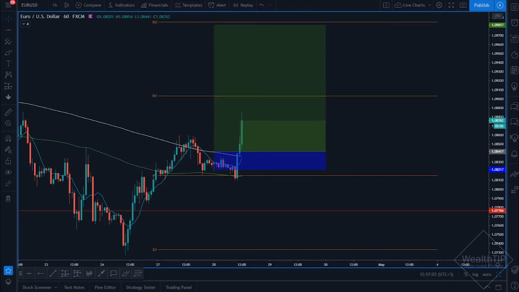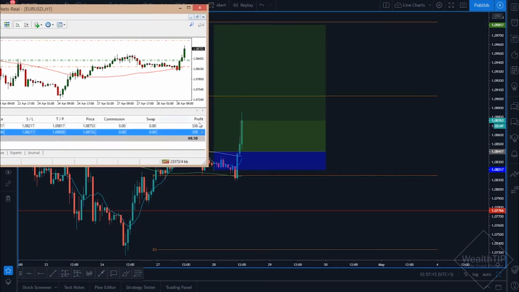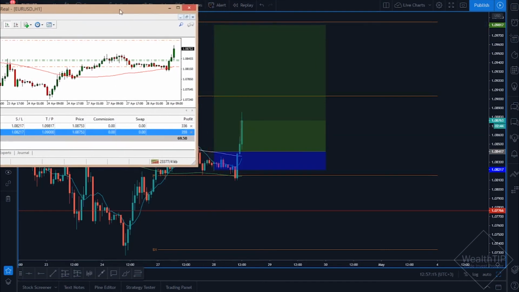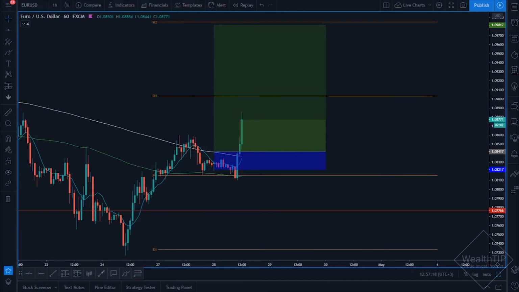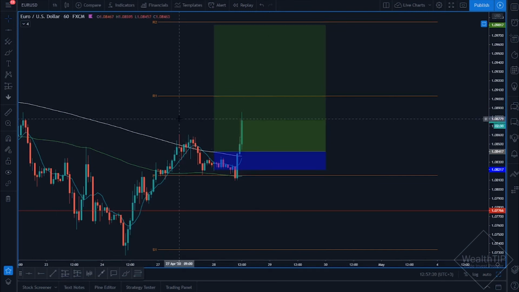Let me bring up the account so that you guys can still see. Currently we're running about $69 up, and both our positions are doing quite well. For the sake of seeing the market run to that point over there, we're going to take one of these positions off at number one to pay for the trade, which will not only pay for the trade, but will also make up for the losses that we incurred in the previous position when we went short.